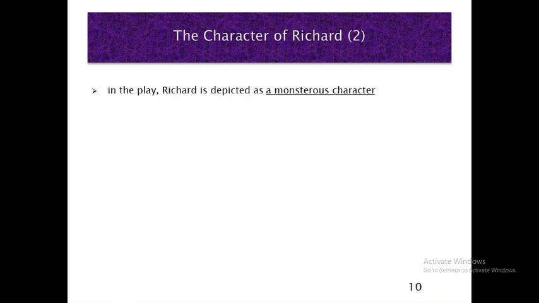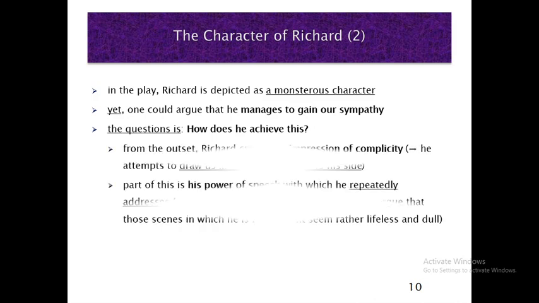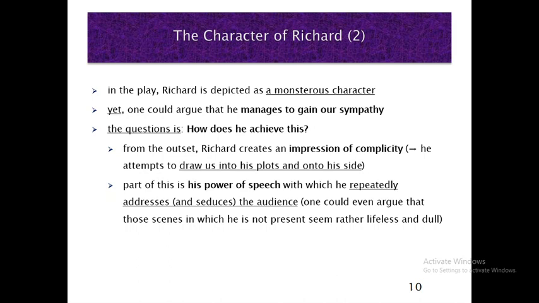Okay, so in the play, as I already said, Richard is depicted as an evil character, as a monstrous character. But the interesting thing is, one could argue that he manages to gain our sympathy. And the question is, how does he achieve this? From the outset, right from the beginning of the play, Richard creates an impression of complicity.